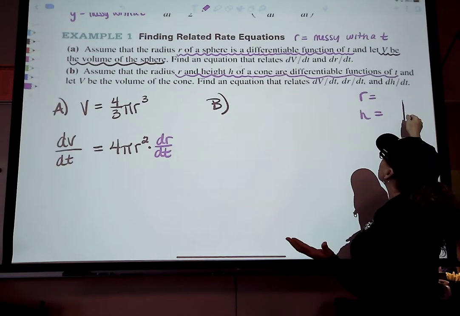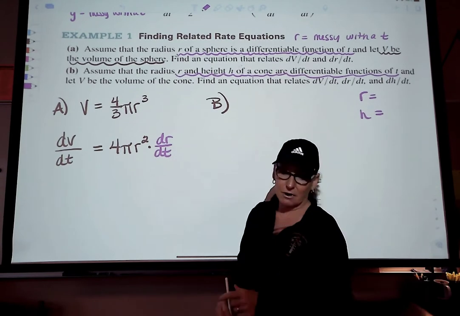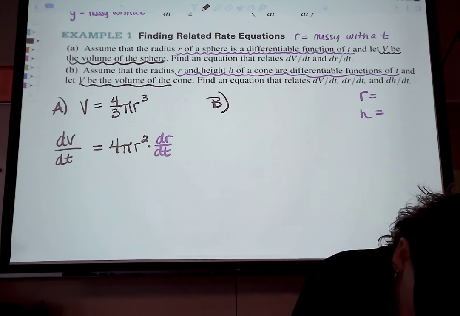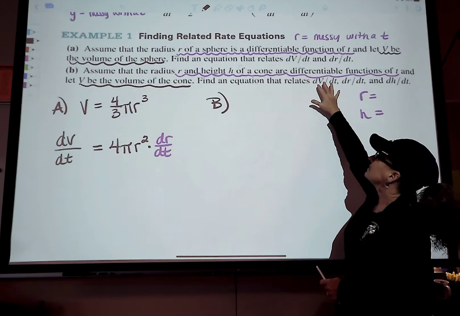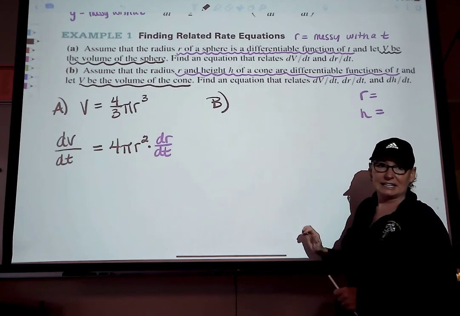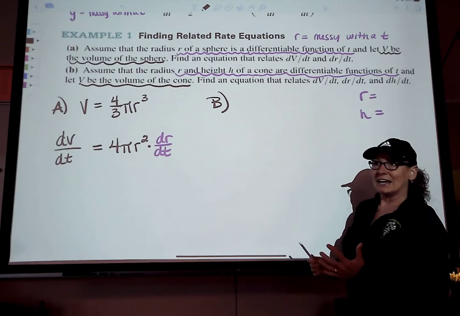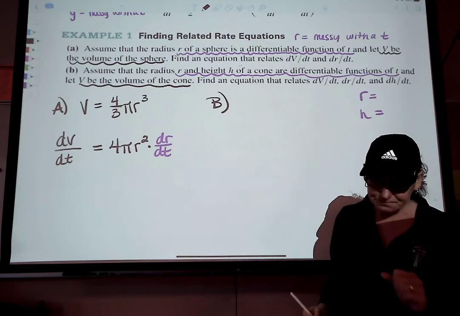So this is messy with a t, this is messy with a t. Let V represent the volume of a cone. We need an equation that has a dv dt in it, a dr dt in it, and a dh dt in it. We need all three of those.